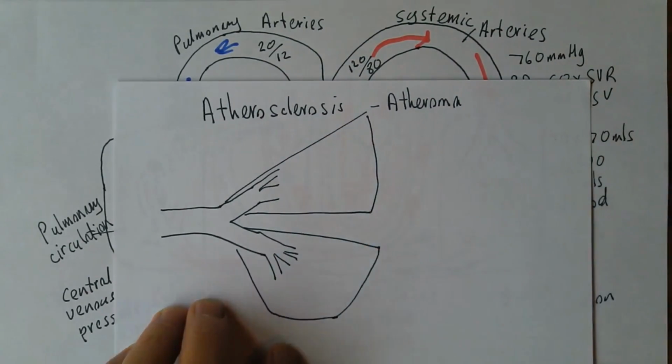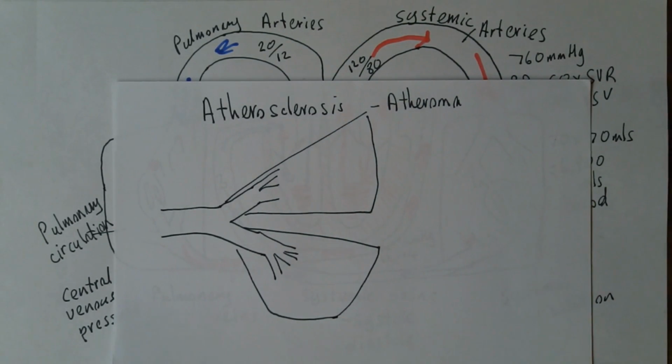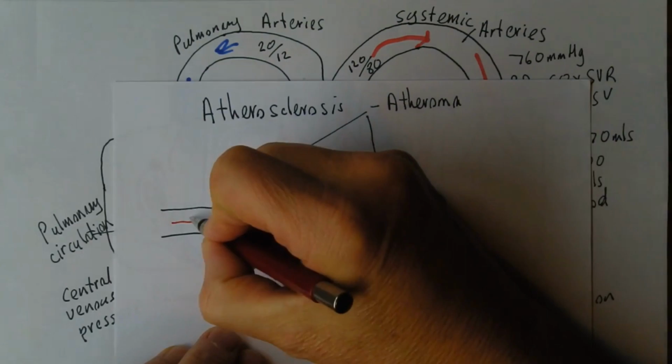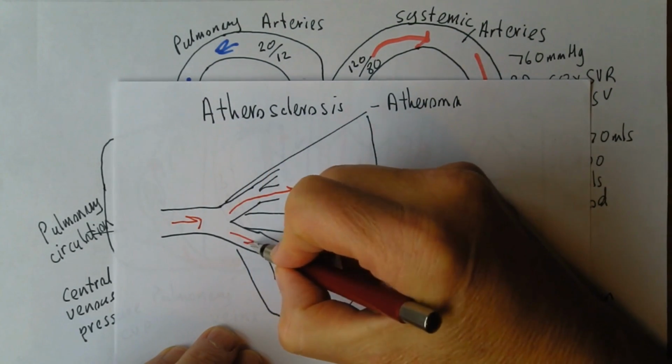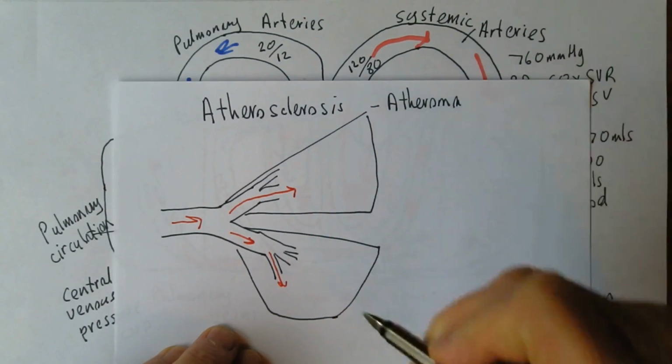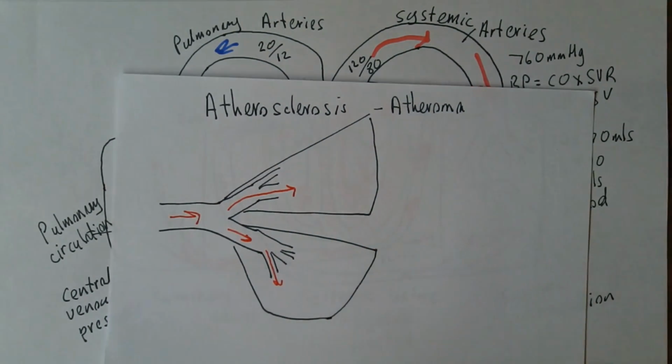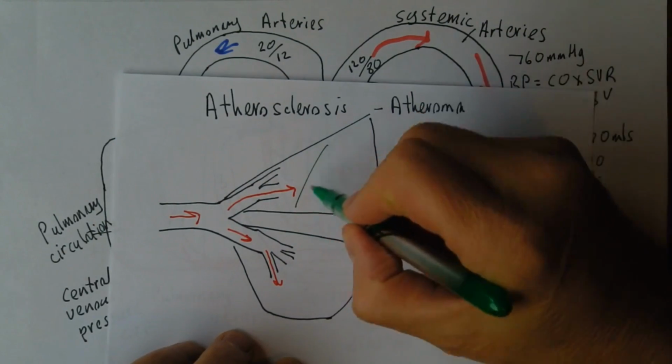But the tissue that this arterial branch is supplying blood to will supply blood to the capillary beds. It's absolutely essential this tissue has an ongoing blood supply. This tissue cannot survive without its blood supply.